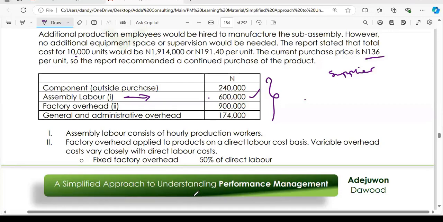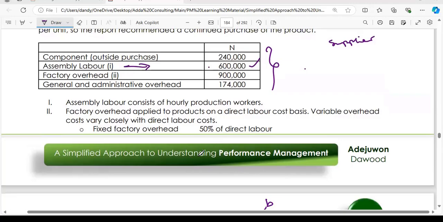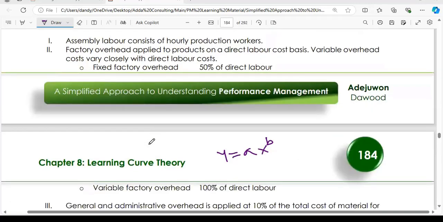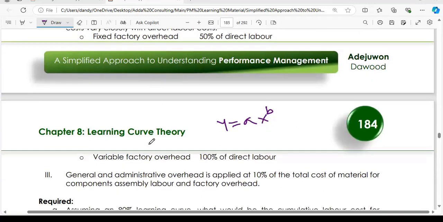But the examiner now told you that the factory overhead is divided into 50% of direct labor for fixed factory overhead. Then the variable factory overhead is 100% of direct labor. The general and administrative overhead is a supply item, so it is irrelevant. We don't need it for anything.